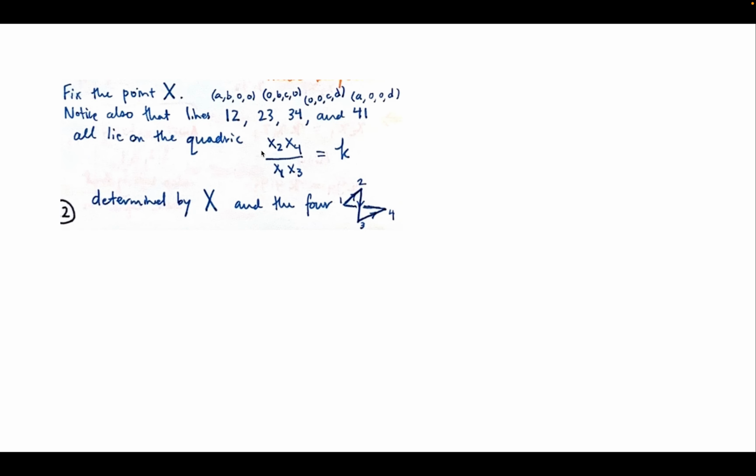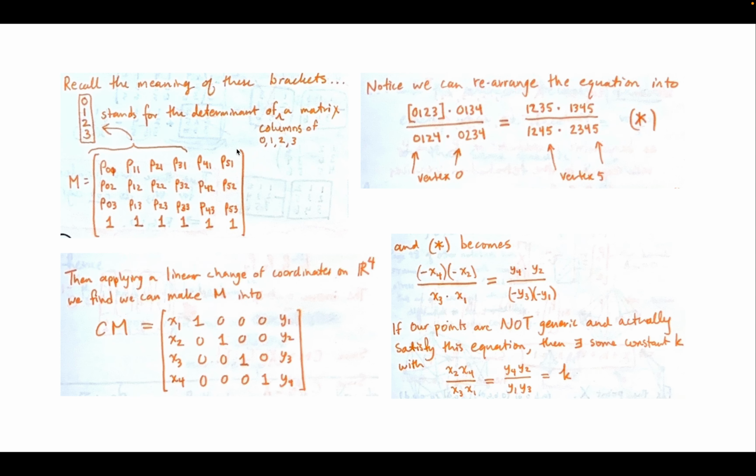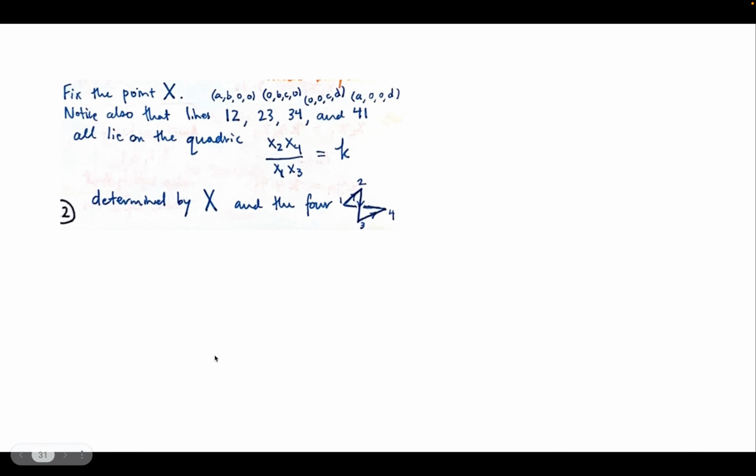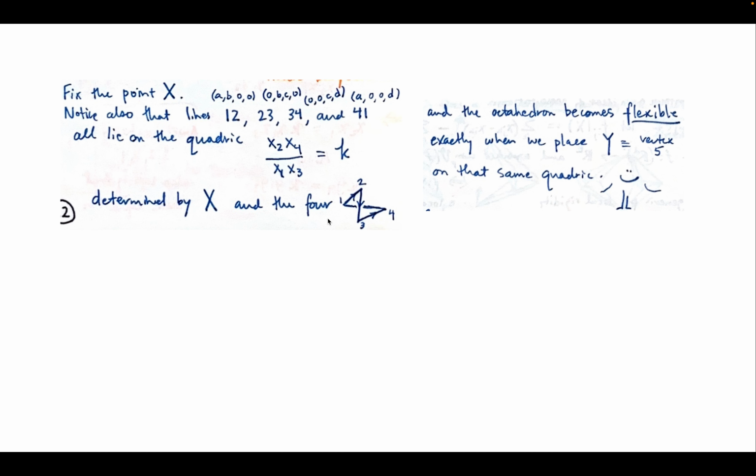And even more, this quadric also has different lines on it, like the line through vertex 1 and 2 also satisfies the same equation. The line through vertex 2 and 3 does, 3 and 4, and 4 and 1 all do. So sort of 4 of the 6 lines all satisfy that quadric. And the octahedron becomes flexible exactly when we place vertex 5 on this same equation.